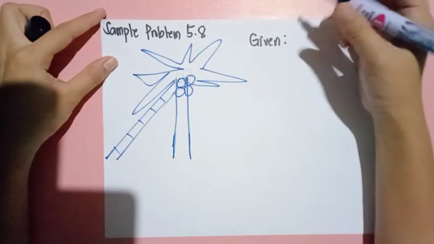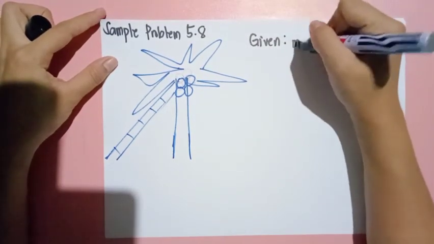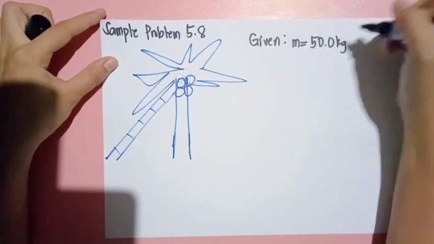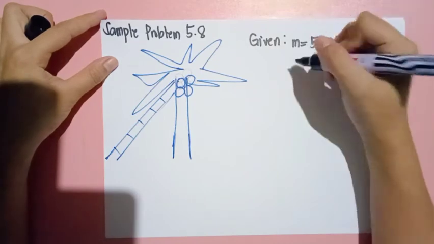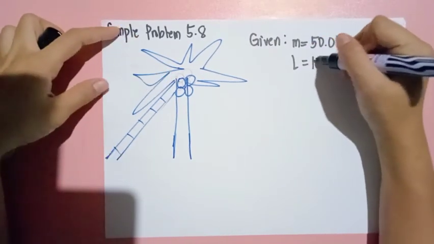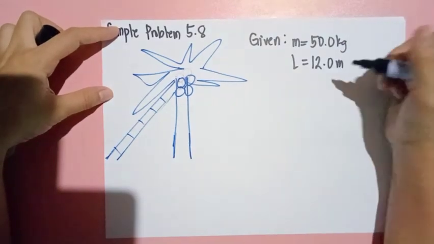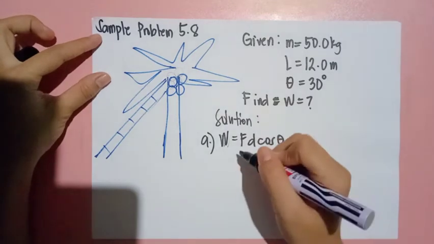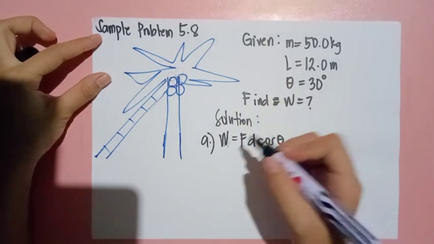So first is the mass of the boy, which is 50 kilograms. And then the length of the ladder, this one, that is 12 meters. So F here is the gravitational force.